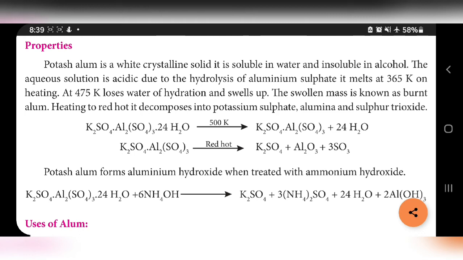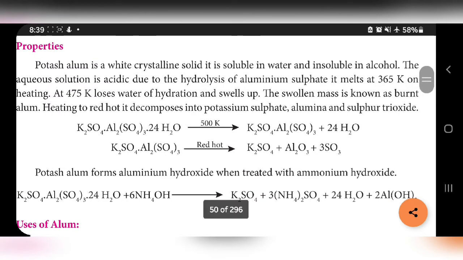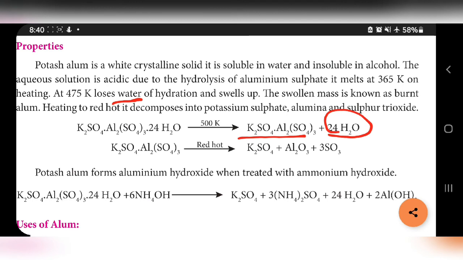So, the swollen mass is known as burnt alum. After heating it loses water molecules. After losing water molecules, the remaining swollen mass is known as burnt alum.